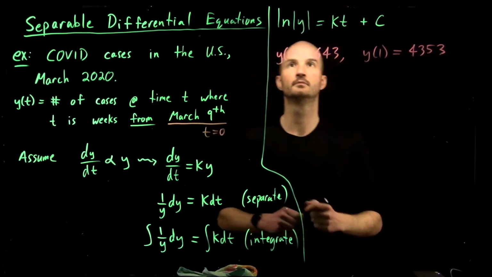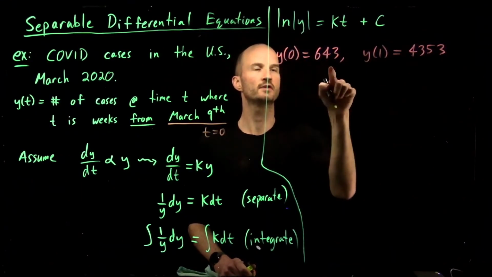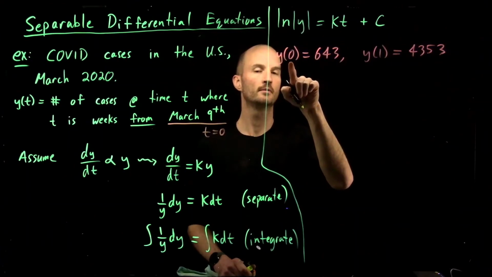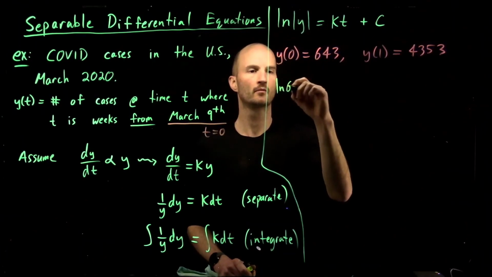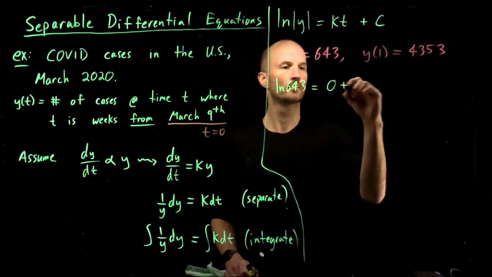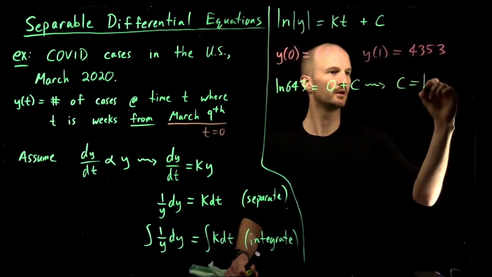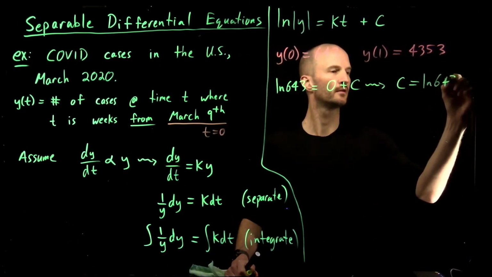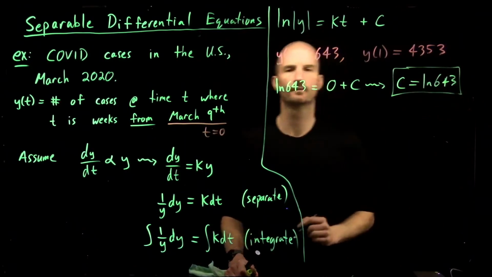First of all, use this one first. So when t is 0, y is 643. So we get immediately C is equal to ln of 643. So we'll need that later.